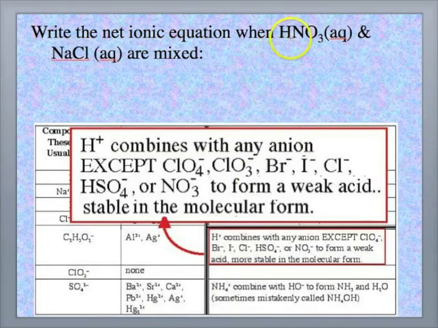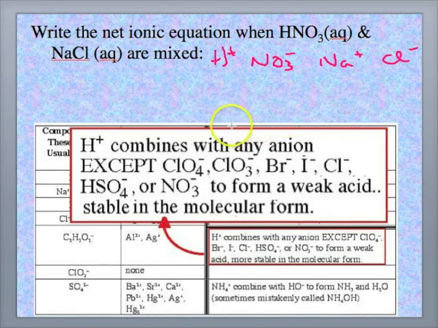Now what about taking nitric acid and sodium chloride? Let's do an ion inventory. We have H+, we have NO3-, we have Na+, we have Cl-. Can any of these ions combine to form a weak acid molecule?